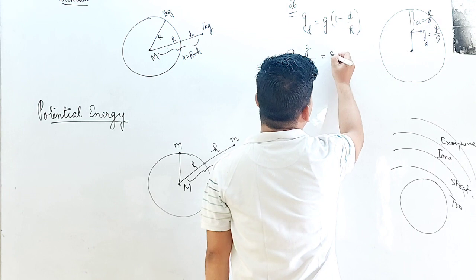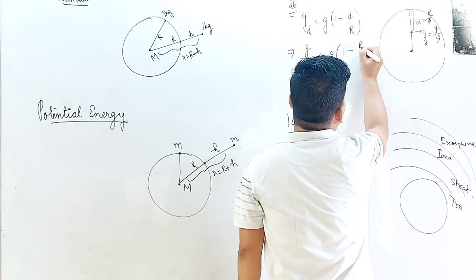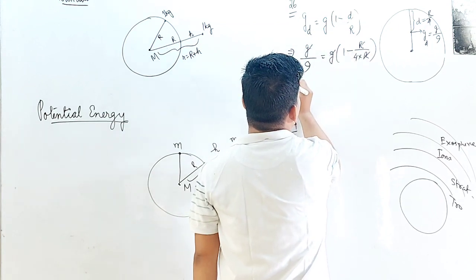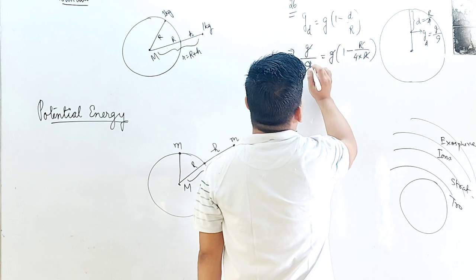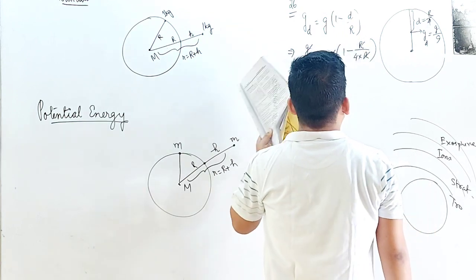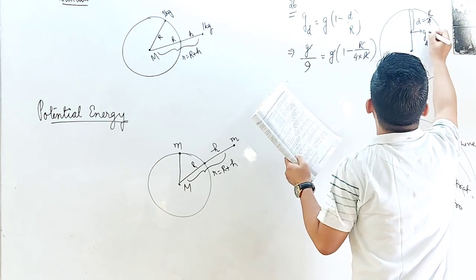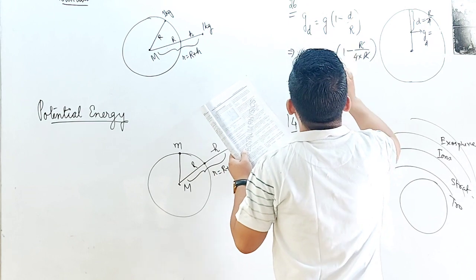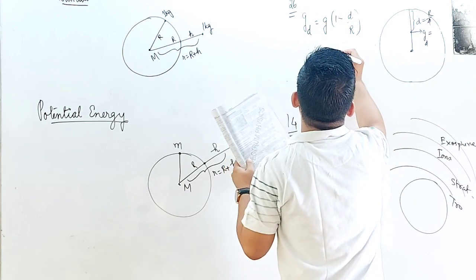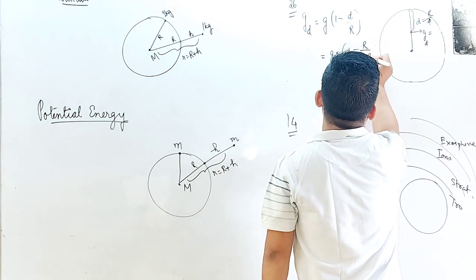G depth is G into (1 minus d divided by R), where d is replaced by R/4, so R/4 into 1 over R. After cancellation, G depth will be equal to G into (1 minus 1/4).